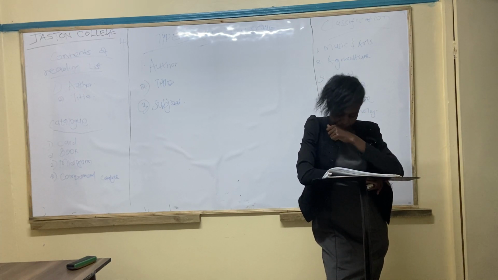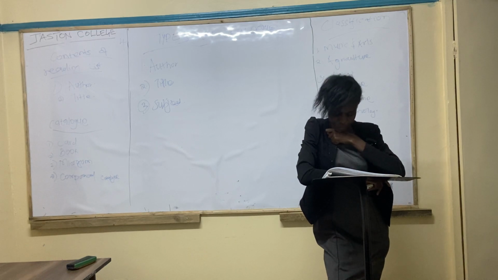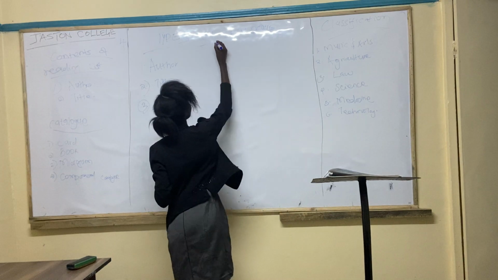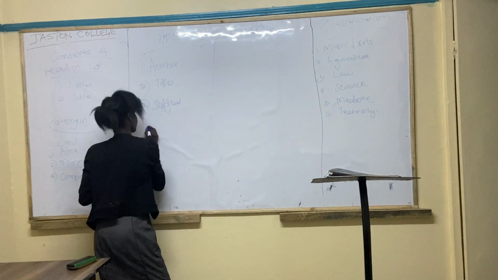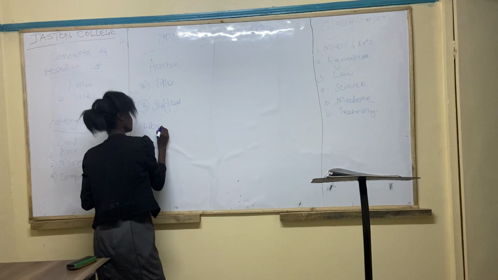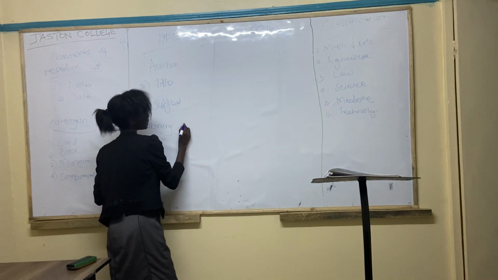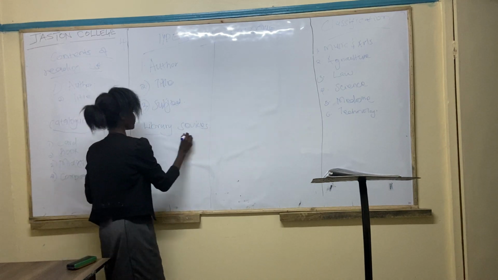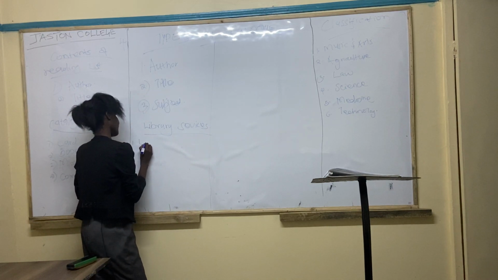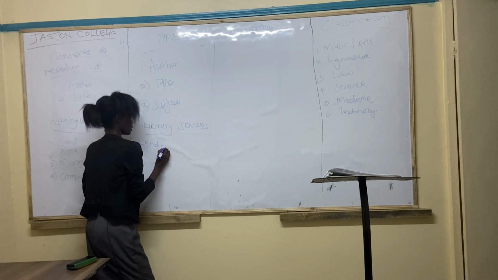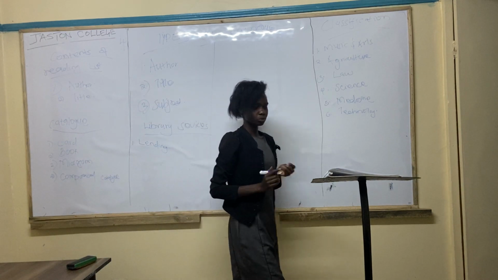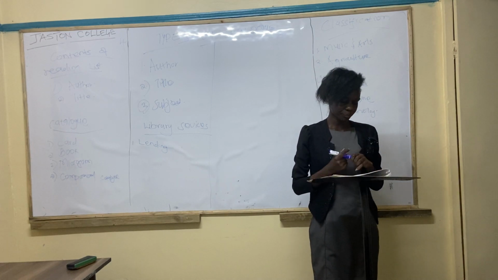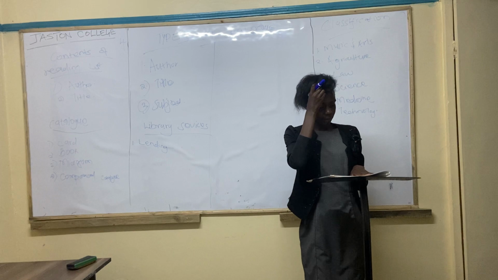We go to library services. What are the services of a library? Number one, lending. The library lends books to students and other users. Number two is reservation.